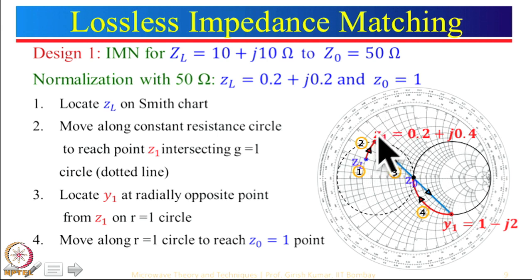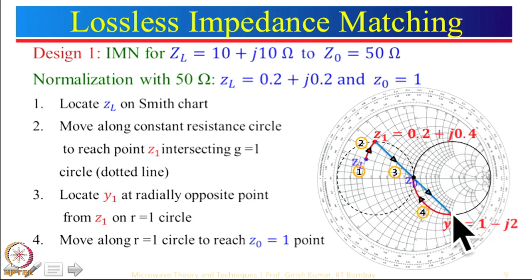Now, at this particular point, what do you do? You go to the diagonally opposite point. Take a scale, draw a line from here passing through the center, and draw the line here. This line will definitely cut this particular circle.